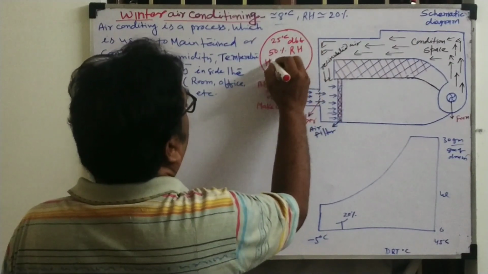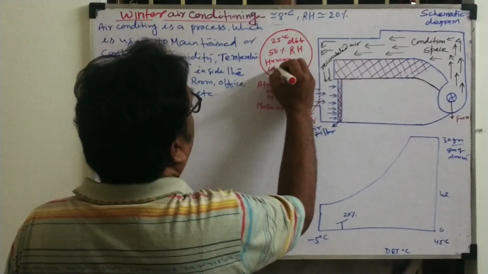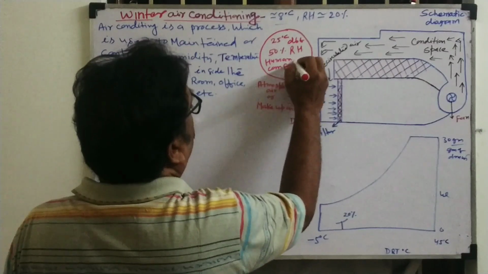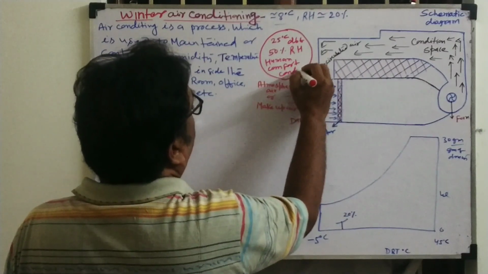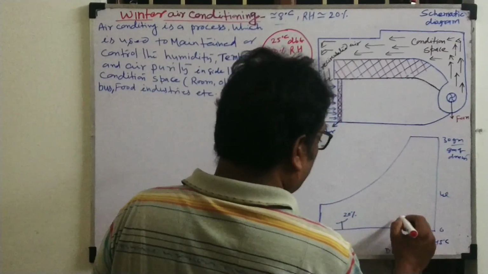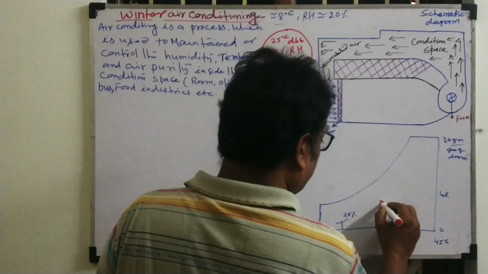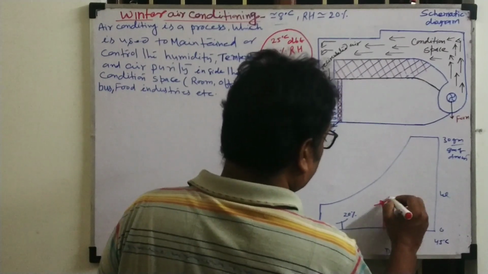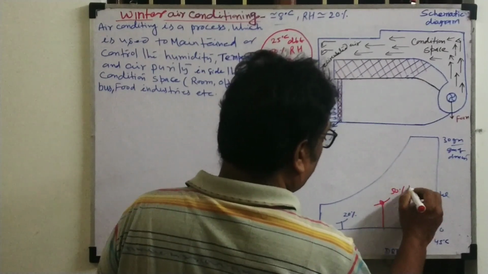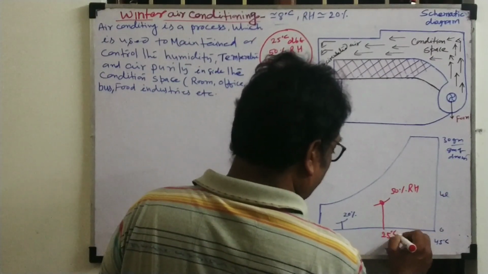This is called human comfort conditions. Where will this be on the psychrometric chart? Let us assume human comfort conditions: 50% RH and 25 degrees Celsius.